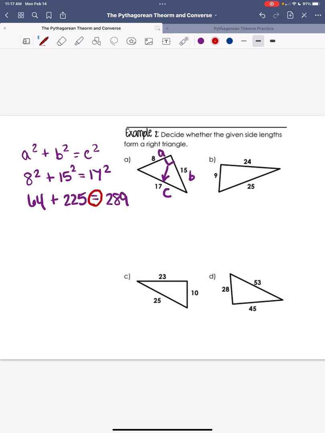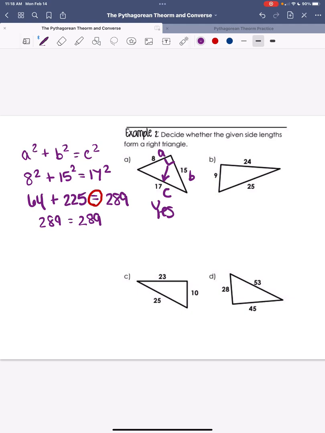So when I add the sum of these legs up, I should get 289 if this is a right triangle. So if I take 64 plus 225, you're going to get, guess what? 289. So then you just confirmed that side lengths 8, 15, and 17 represent a true right triangle. So yes, this first one, A, is a right triangle.